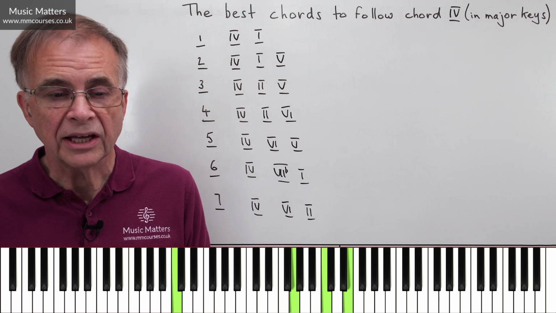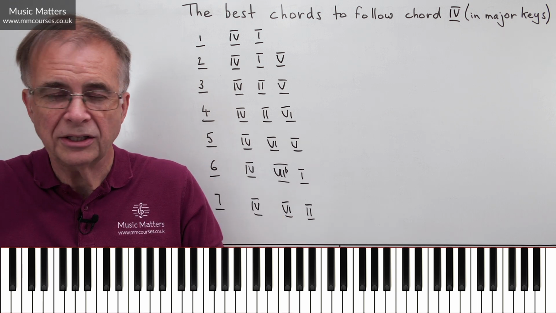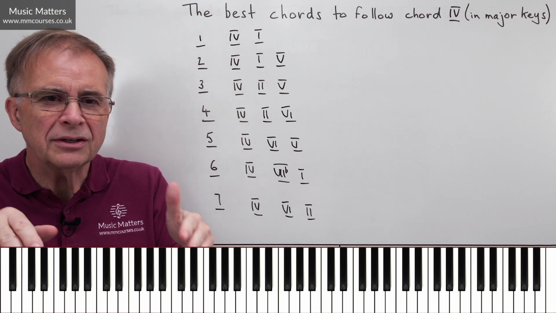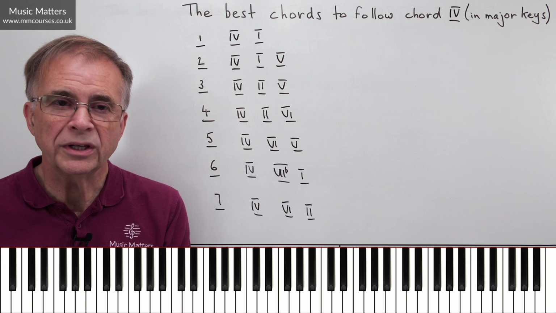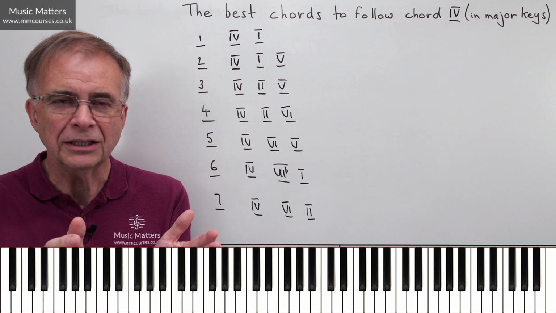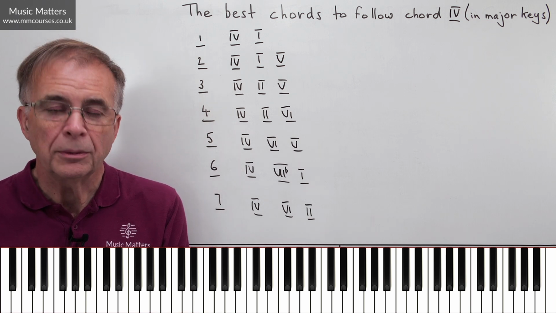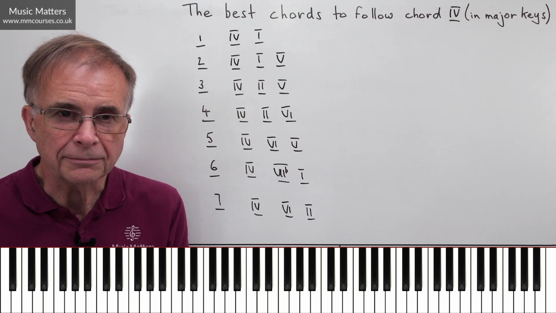And then think, oh, that sounds quite complete, doesn't it? So sometimes these progressions are complete in themselves, or they sound like the end of something, because chord 4 is one of these cadence chords. Sometimes it sounds more like the beginning of something, or something that might be used mid-phrase that wants something else to complete the progression convincingly.